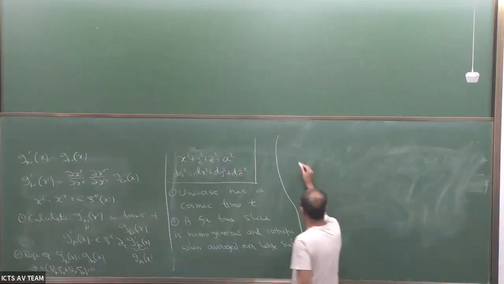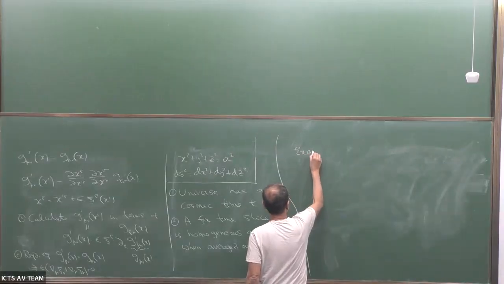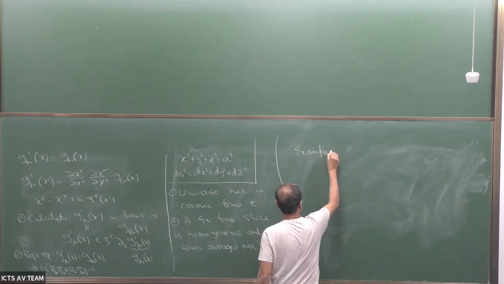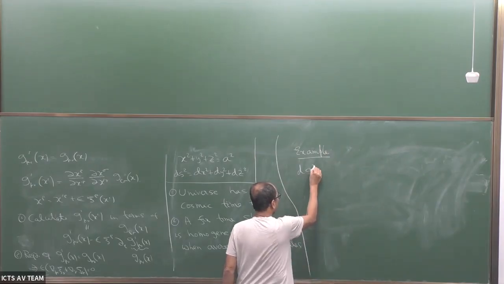Okay. So here is an example which I think you will agree is homogeneous and isotropic, and that is dA squared.